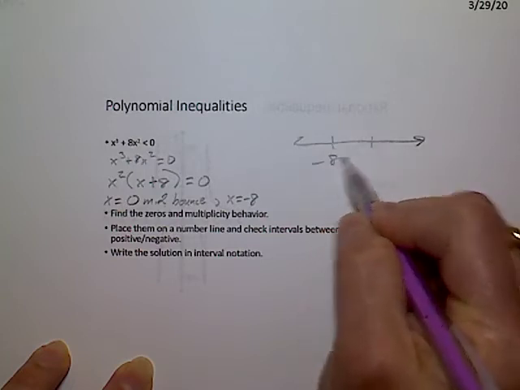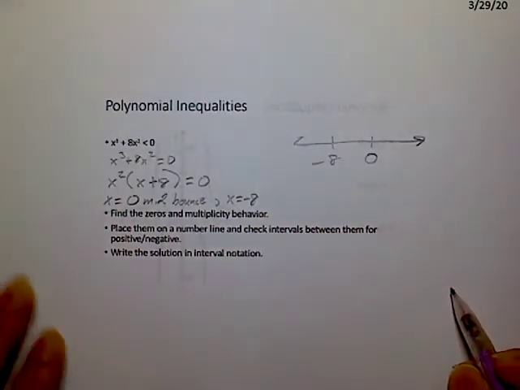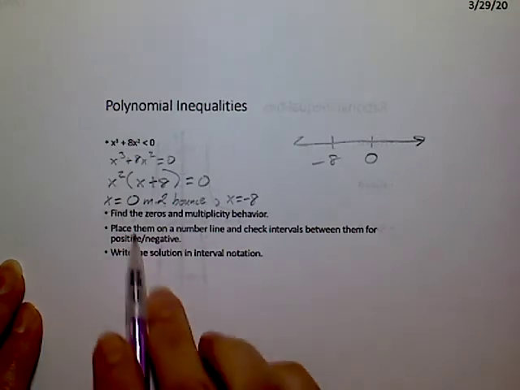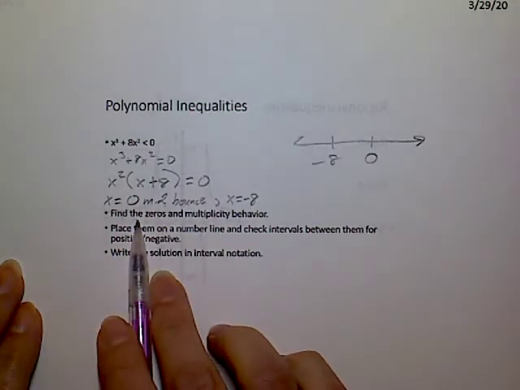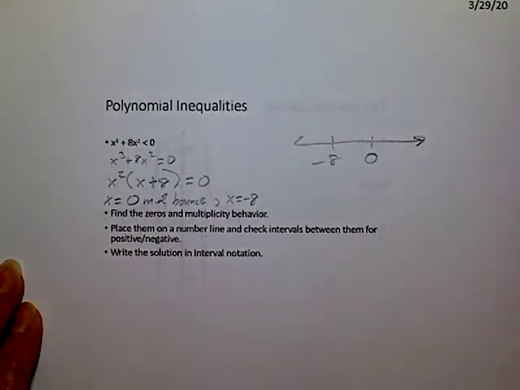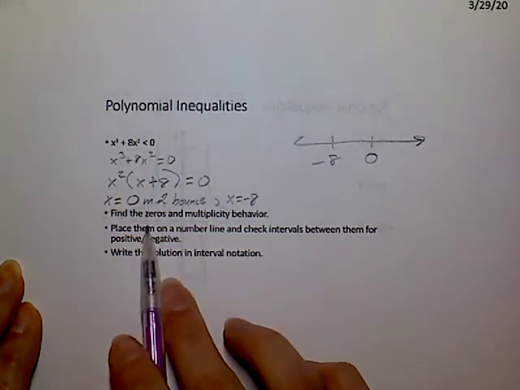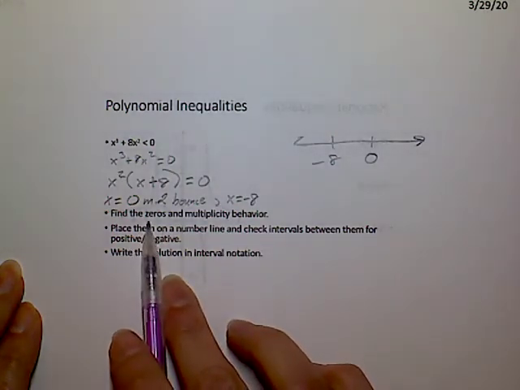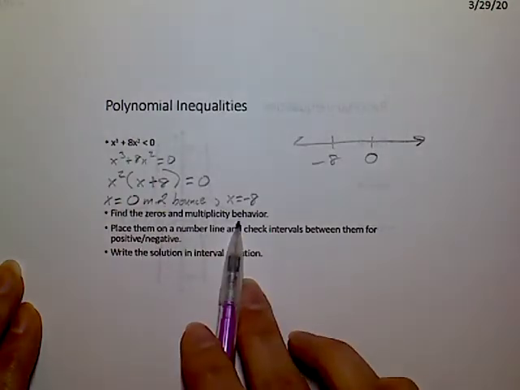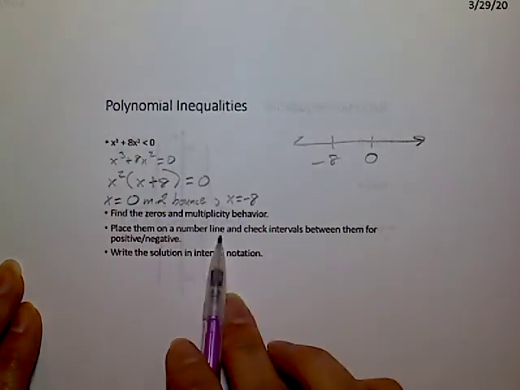Just those guys. Don't put any extra numbers on there. Only put your 2 zeros. This is your instructions, so that you can look later at what you were supposed to be doing. So you find the zeros. Multiplicity behavior helps. And we're going to put them on a number line.